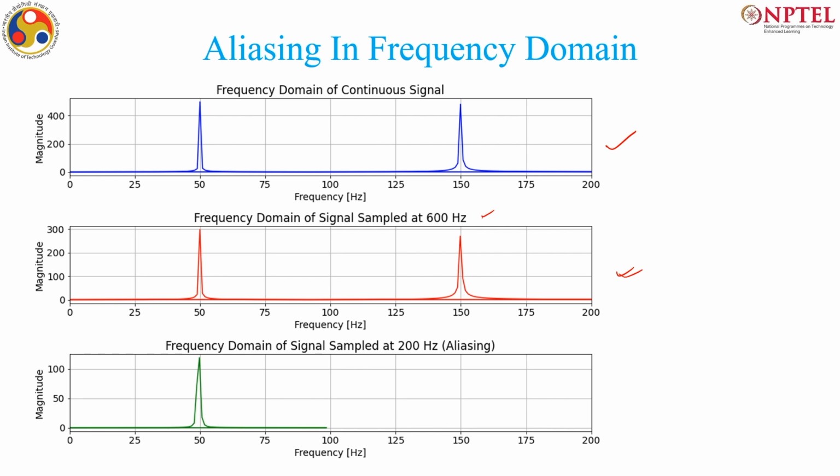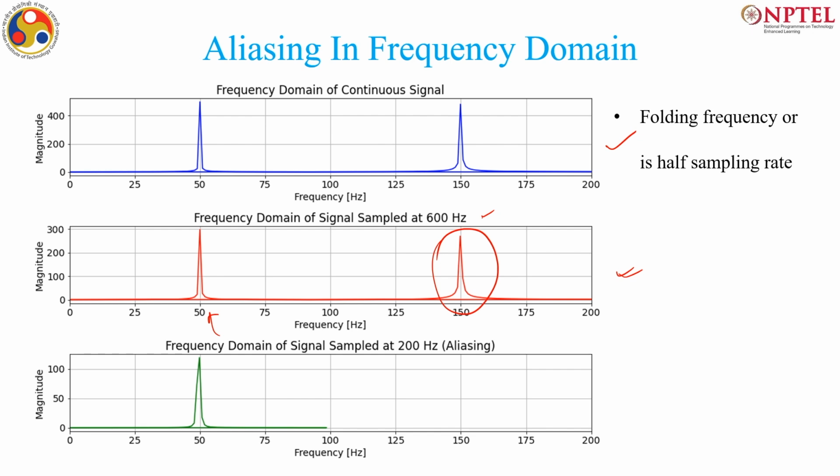But if I do sampling at 200, this version is aliased into this. These two replicas are indistinguishable: this low frequency version and the high frequency version have the exact same sample points, and you cannot distinguish these two signals.